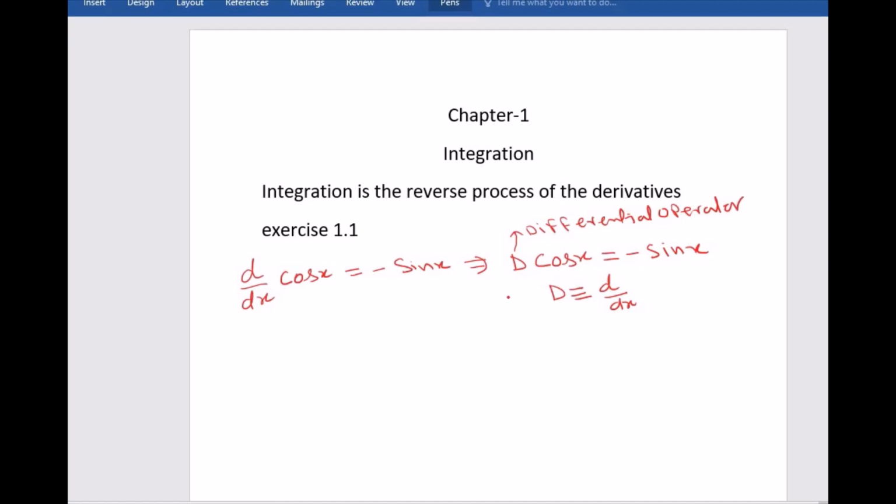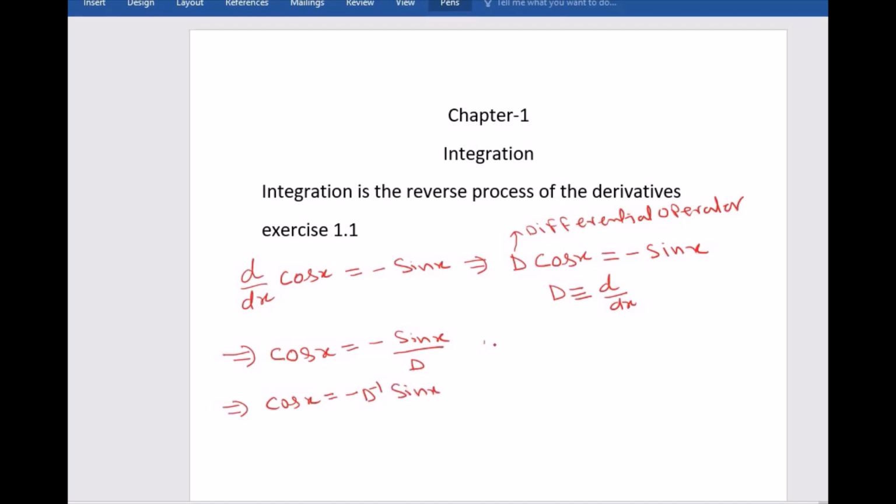If we write it like that, cosine of x is equal to minus sine of x divided by d, or cosine of x is equal to minus d inverse of sine x.